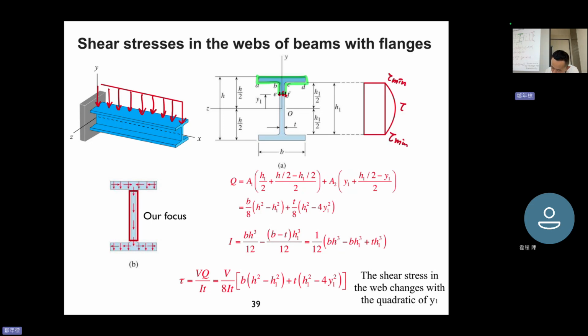And this is tau maxima. So you see that this value is no longer 0 because it has not reached the top and bottom. So it should be tau maxima and tau minima. The tau minima is not 0 because it still has something up at the top or at the bottom. So it is not 0.